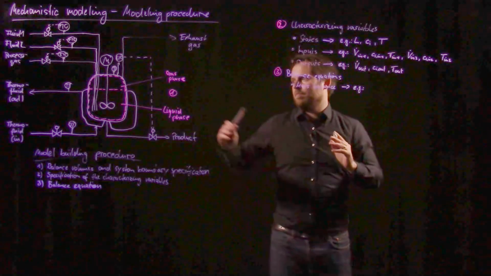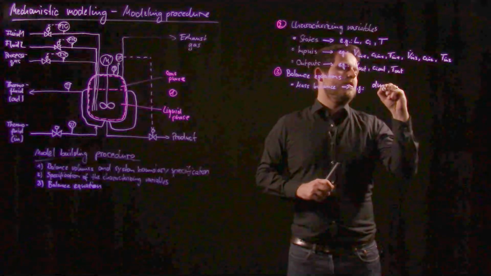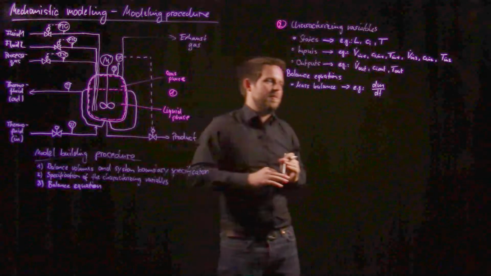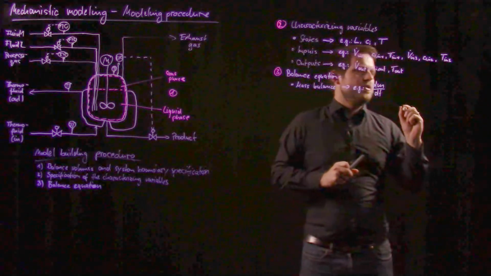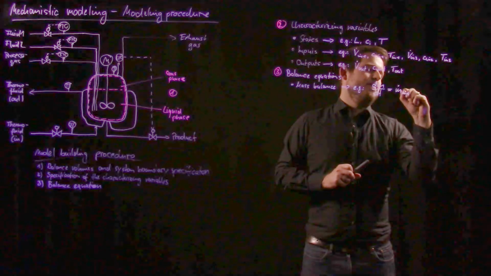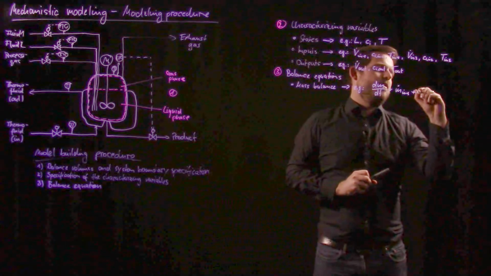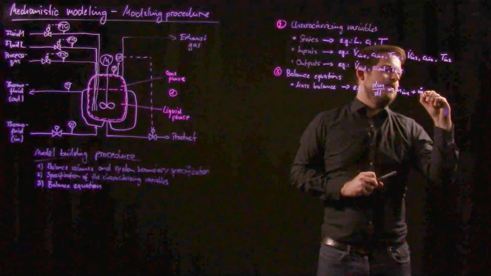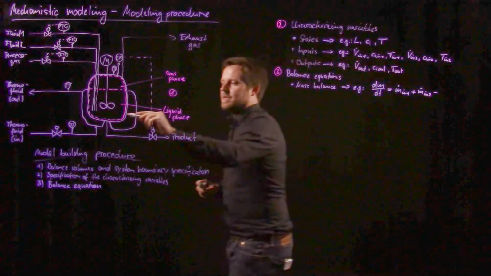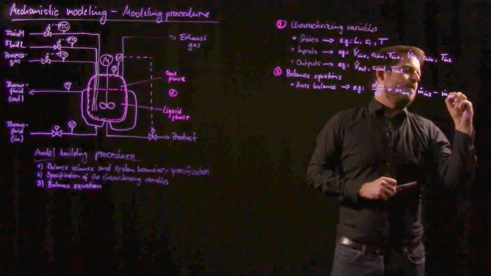For our liquid in the system, the change of the mass within the system, so the stored liquid mass, changes with the mass that flows in through fluid 1 plus the mass that flows in through fluid 2 minus what is leaving down here, so m dot out.